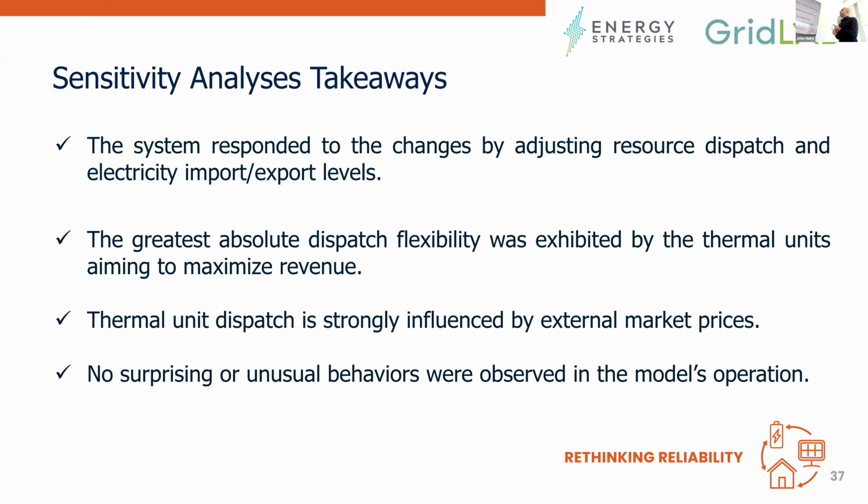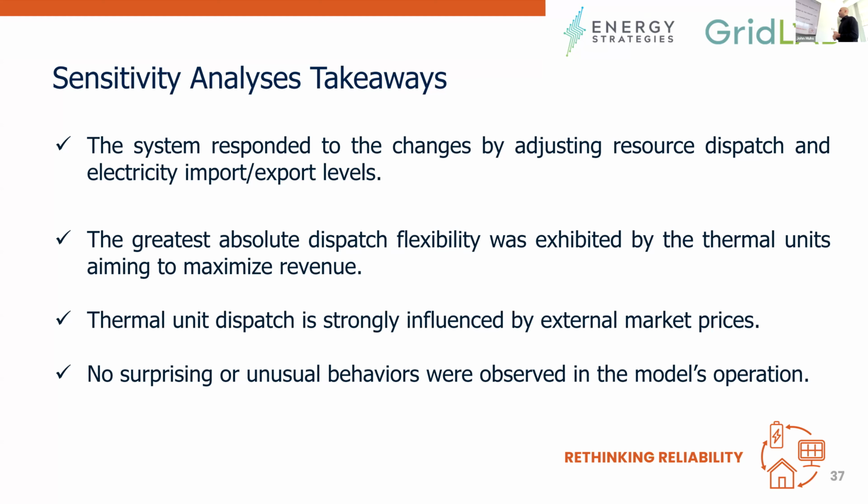So I'm reviewing the sensitivity analysis takeaways here. As you saw, the system responded to the changes by adjusting resource dispatch and also electricity import-export levels. And the greatest absolute dispatch flexibility was exhibited by the thermal units, and it's absolute flexibility because it also has a higher portion in the resource mix.